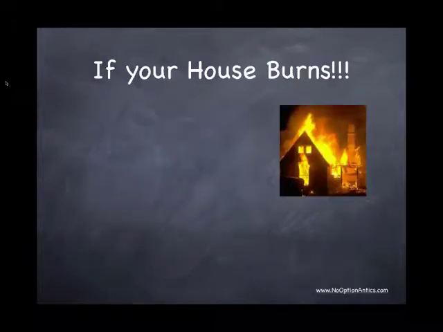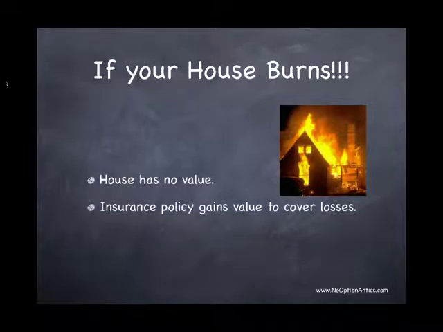If your house were to burn down, what would happen is that asset there would be worthless. You would have zero value in that asset because it would be a big pile of ashes. But what would happen is the insurance policy would gain value to cover the losses in the home. It's an offsetting asset.